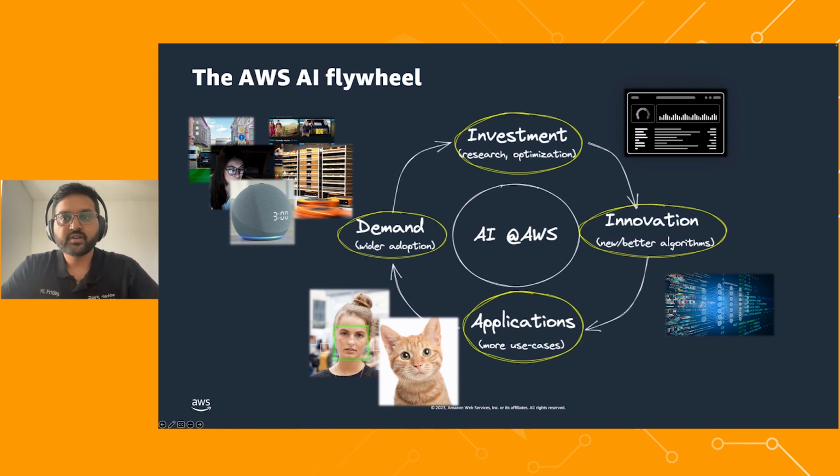Then companies, when they build these applications, want to embed them into their products to delight their customers, which increases the demand and in turn drives the need for additional investment to make better infrastructure, better tooling, and better software. This of course internally fuels the innovation, and this cycle continues, giving us scope for evolving the AI/ML landscape.